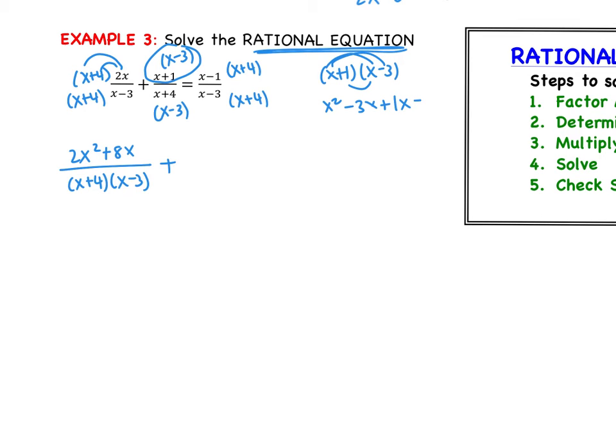And then I have a positive 1x and a negative 3. Combining like terms, this becomes x squared minus 2x minus 3. So this is x squared minus 2x minus 3 over x plus 4, x minus 3.